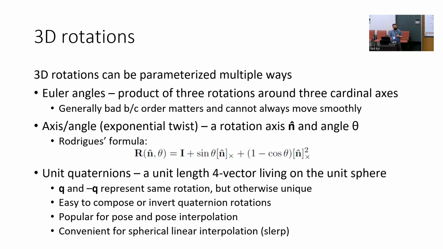We're going to get the points on the unit sphere. So if you say x squared plus y squared plus z squared equals 1, you get the points on the unit sphere. And so essentially what we're going to say is that the North Pole represents 0 rotation.